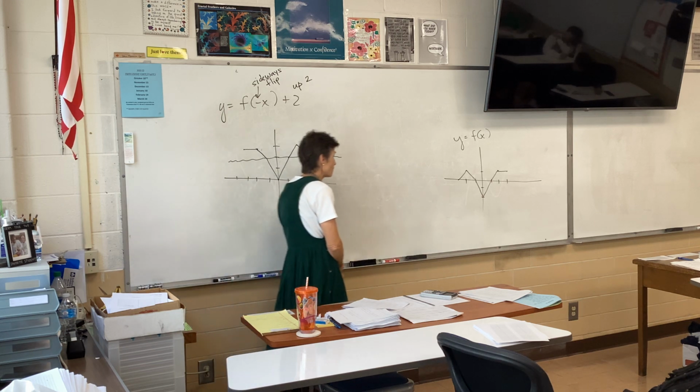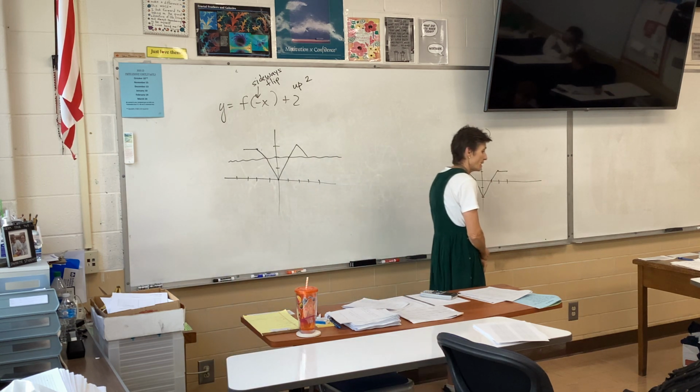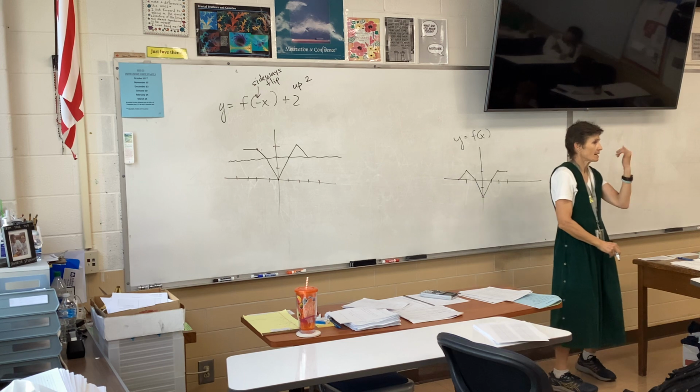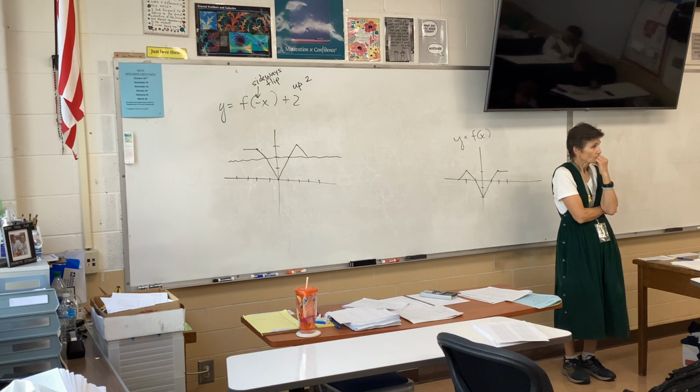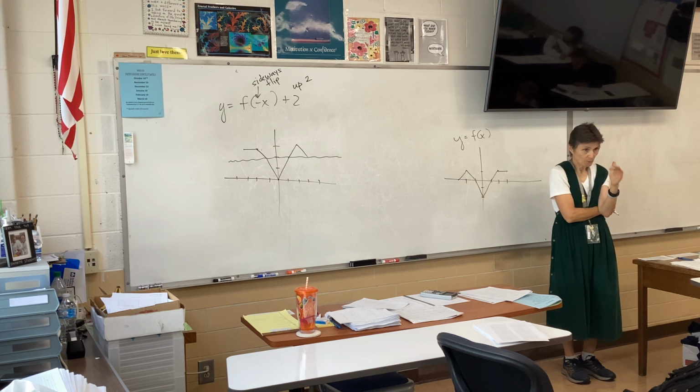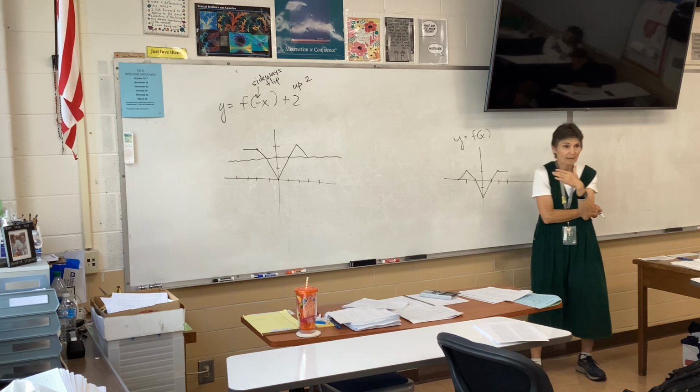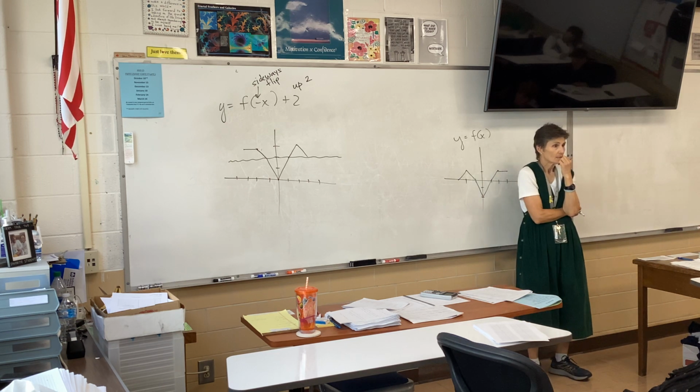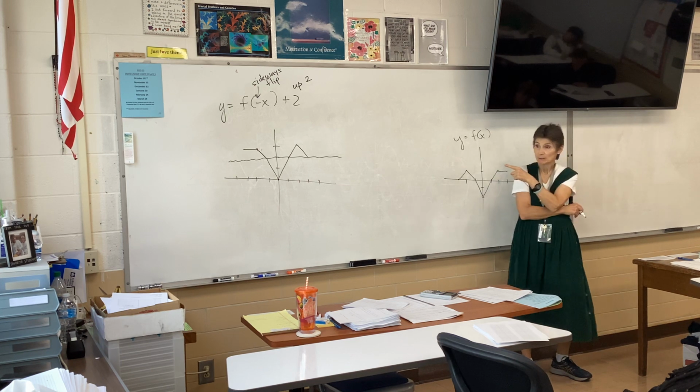Did we move everything up 2 and flip it side to side? Develop your own strategy. You do not have to do it the way I just did it, but end up with that picture.